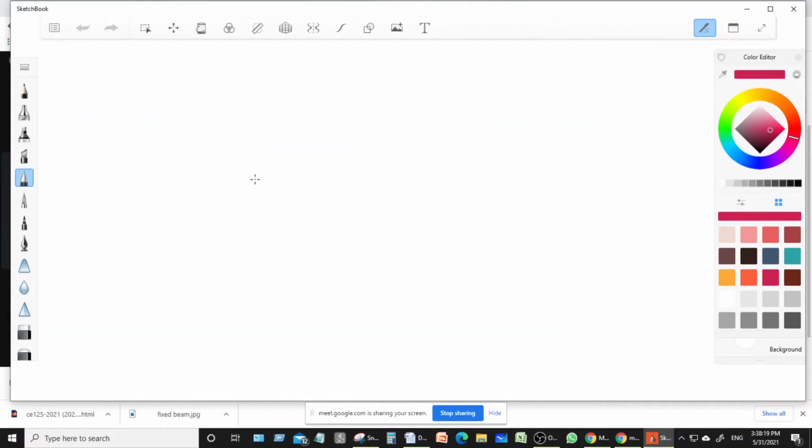So now let me take an example, example number 3. Now we take an example in which we have a fixed beam. Suppose we have one fixed beam, and that fixed beam is subjected to two types of loading, right?